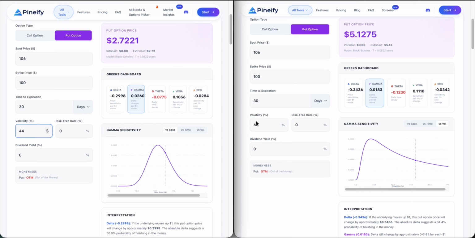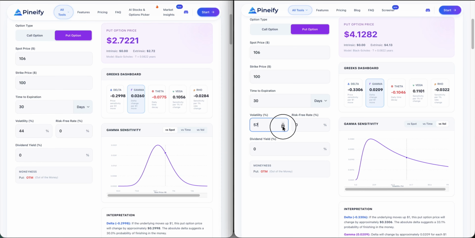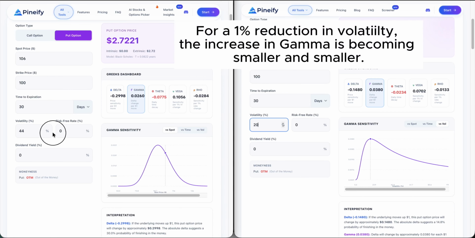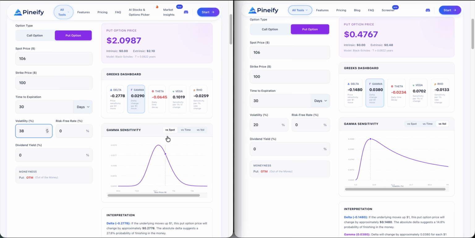But then when we remove this much volatility and start to go into the low volatility territory, at this point the increments are already very, very small, marginally smaller and smaller. That's why at this point in time the dot is already falling down, because the gamma is a derivative of the delta.